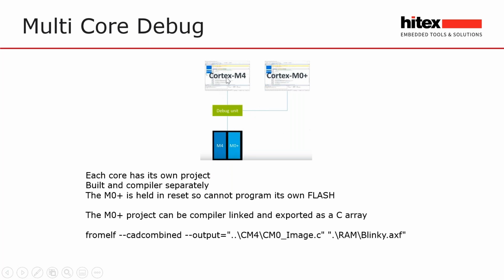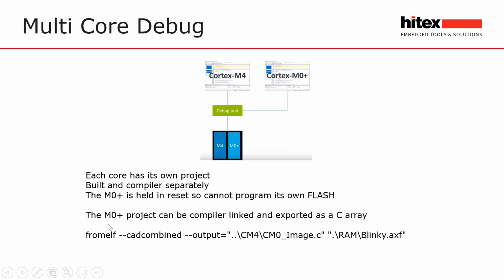We have to have a little bit of a framework in the primary processor to set things up, the bus structure, the clock tree, etc., and then release the M0. It also means that when we want to do flash programming, the M0 project can't talk to its processor to program the flash because it's held in reset. So we have to program everything via the M4.